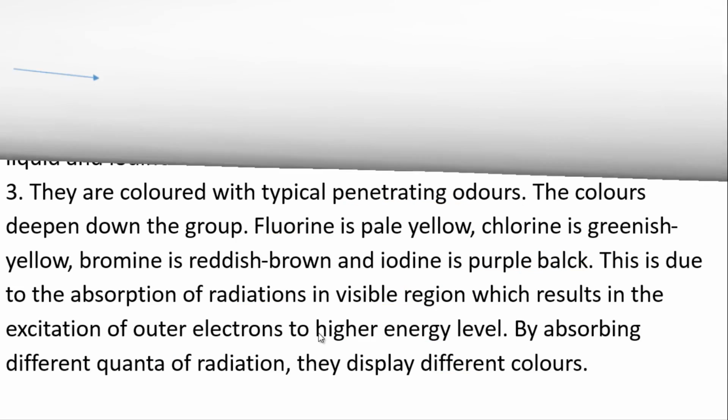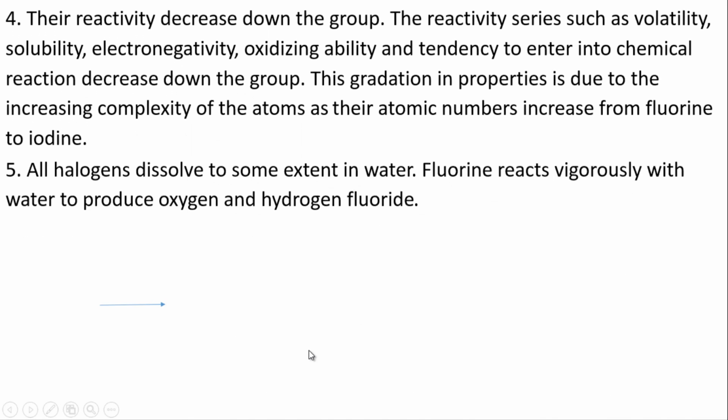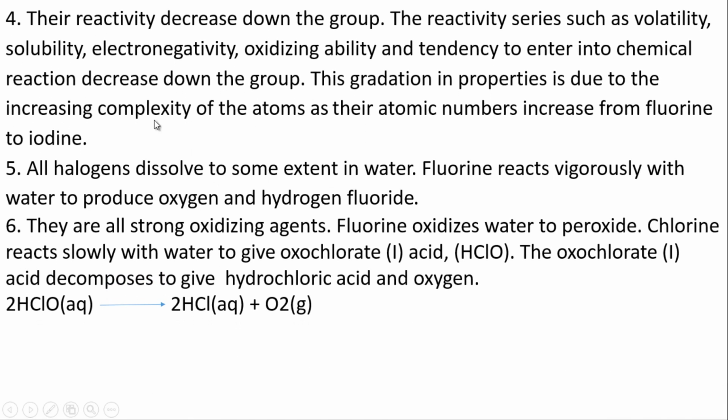Then move to the next one, which is what we call their reactivity. Reactivity decreases down the group, which I've told you about: fluorine is more reactive because the atomic size is smaller and the nuclear charge is higher. The reactivity series covers volatility, solubility, electronegativity, oxidizing ability, and the tendency to enter into chemical reaction.